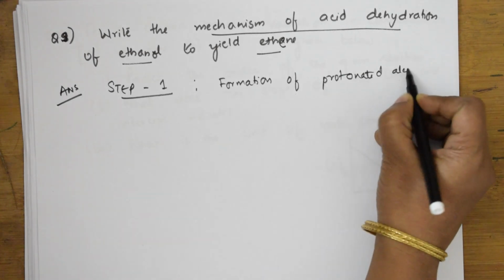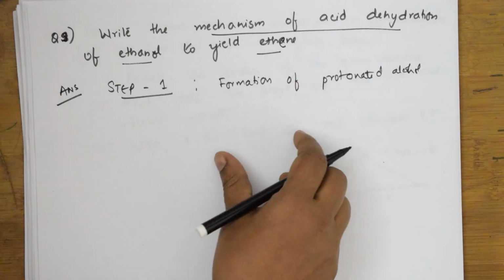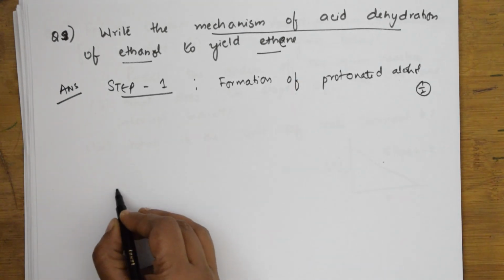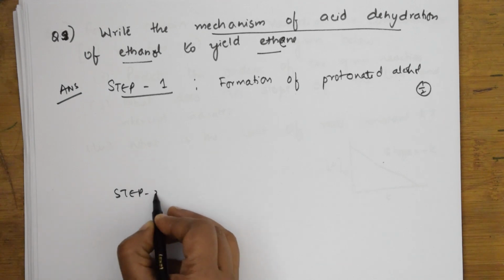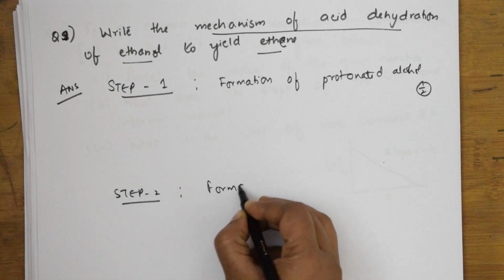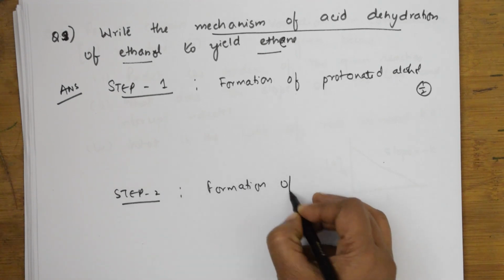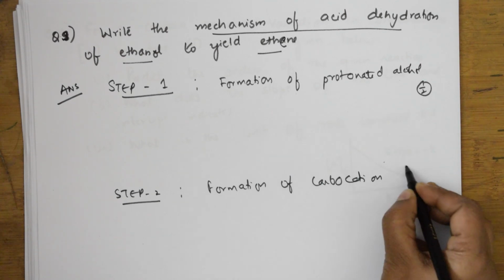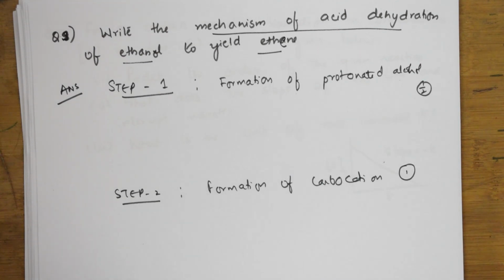This is your first step. So here for writing the reaction, you will be getting half mark. The next step, step 2. What is step 2? Here it is formation of carbocation. This is 1 mark. Remember, most important.